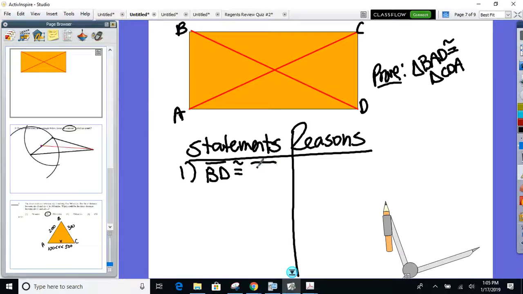It is located nowhere in your packet. Give you guys, if you want to.